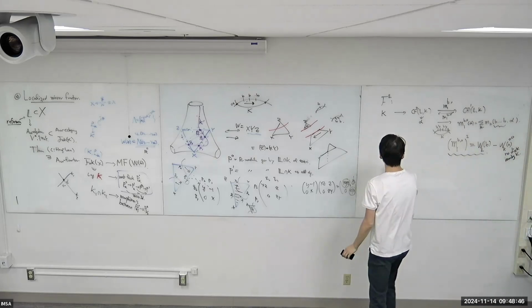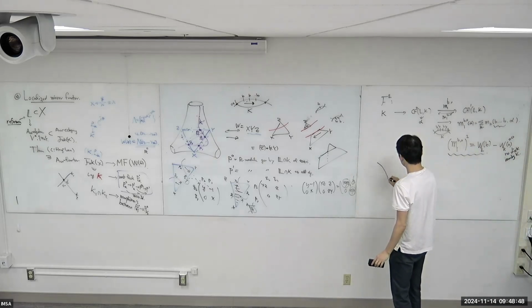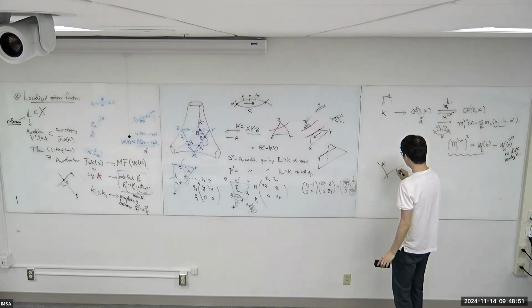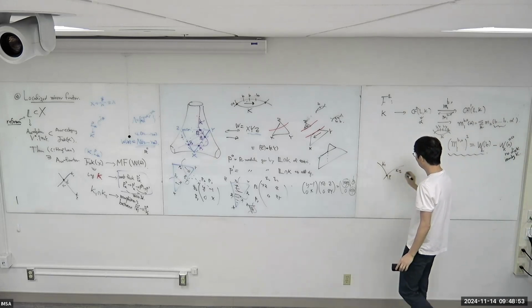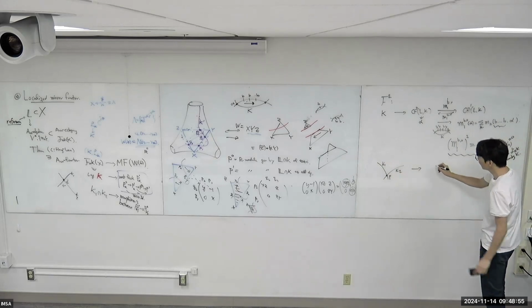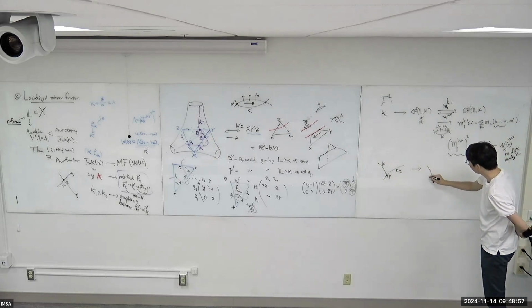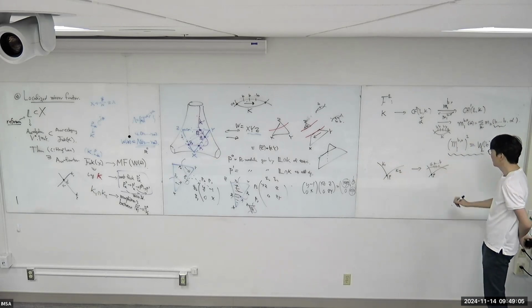And for the morphism, if you have K1, K2, and you have a point P, then the geometric map we use is this one. We have B's here, and then P here.